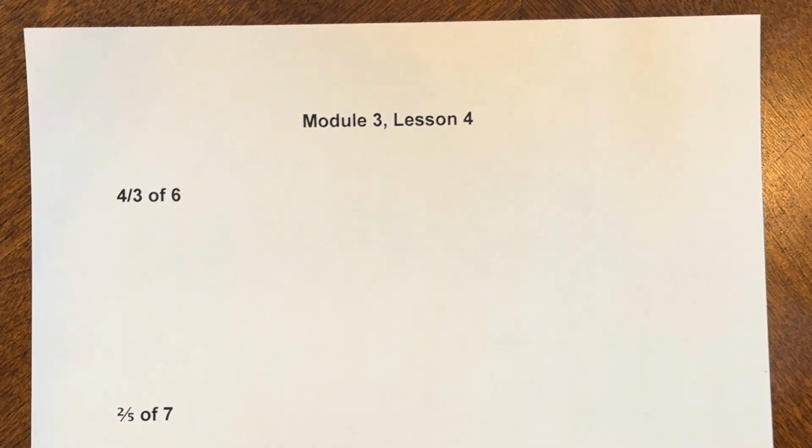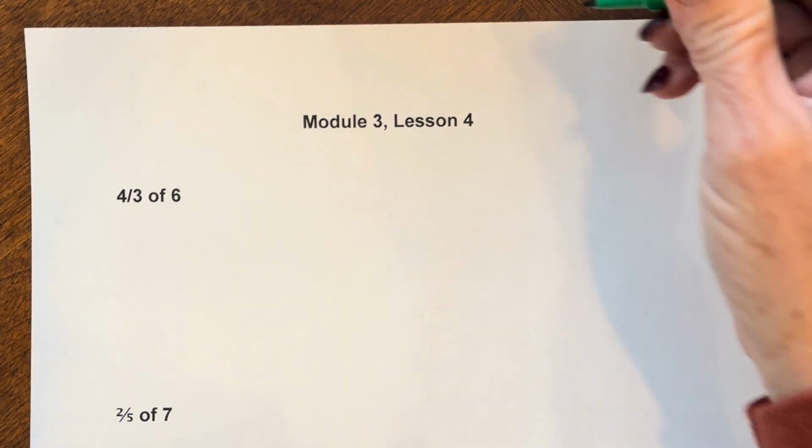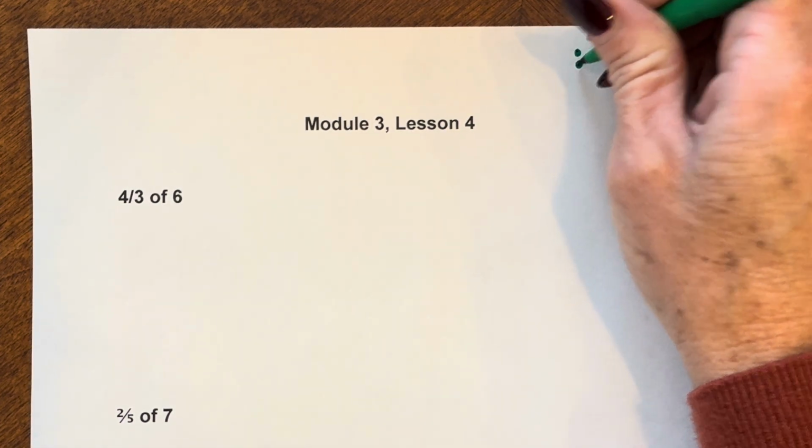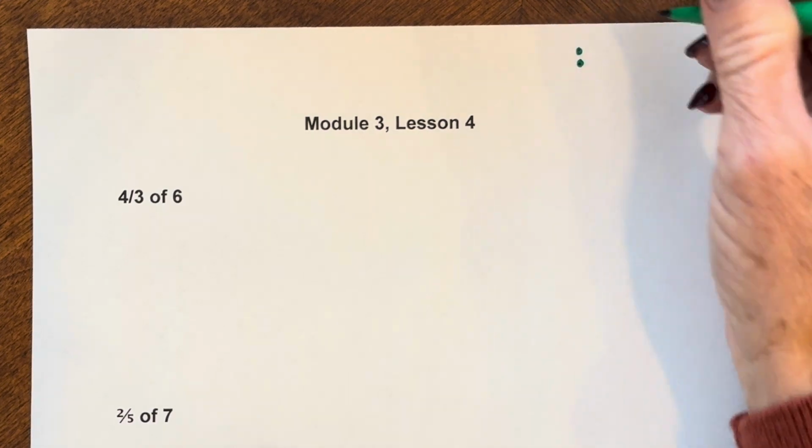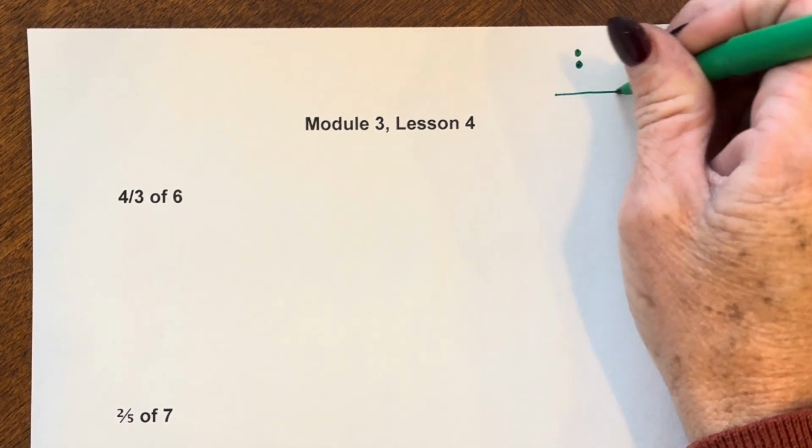Tonight we're on Module 3, Lesson 4, and we're going to continue multiplying fractions. So far we have learned 4 different methods. We have learned what we could call our dot method, where we're drawing dots. We have learned our number line method.